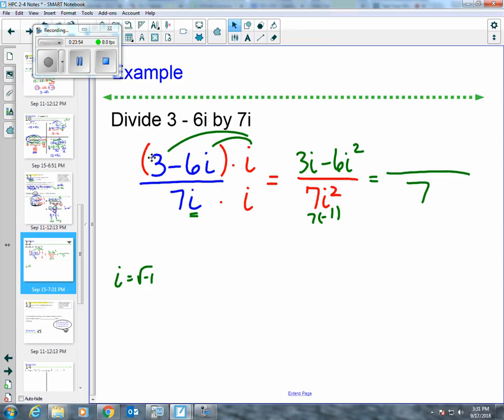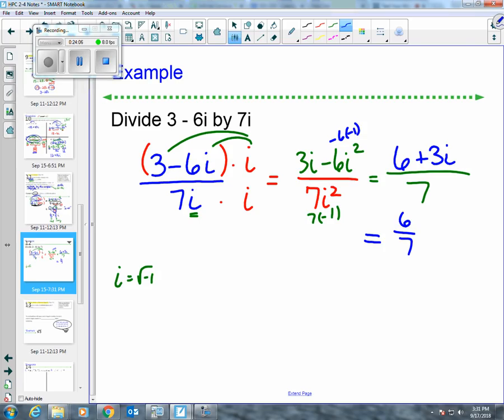Remember, again, i squared is negative 1, so negative 6 times negative 1, that would be a regular old 6. And then plus 3i. Now, why did I put it that way? Well, if we want to write it as real and imaginary, it's a lot easier to put that 6 first and then plus 3/7 i. So we have the real part and the imaginary part of that number. So it's kind of a nice way to look at it.